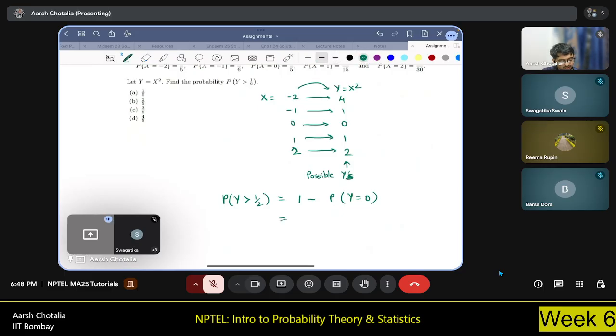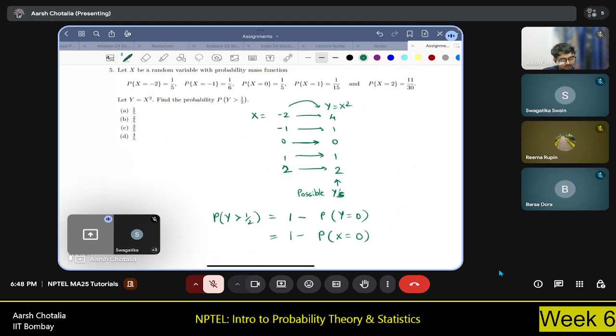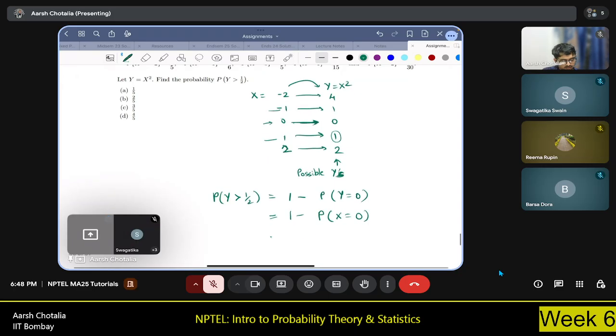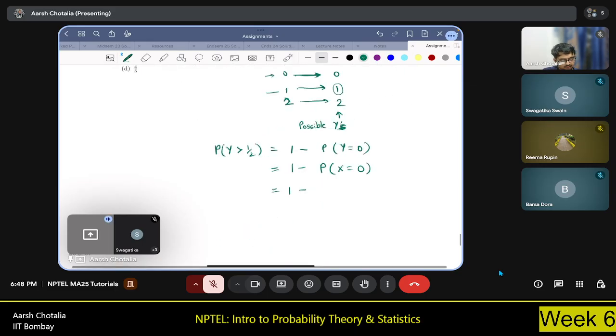Now the only time y becomes 0 is when x is equal to 0, because only 0 takes you to 0, right? If we were asked the probability that y is equal to 1, then we would have to add both these cases. But for 0, I have only one case, which is 0. And what is the probability of 0? X being 0, that is 1 by 5.